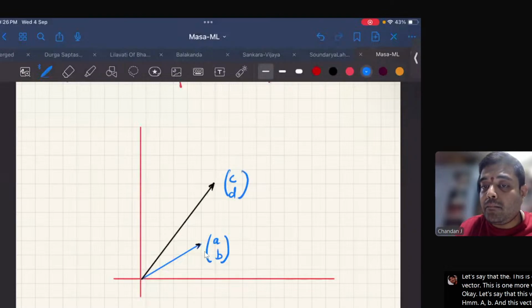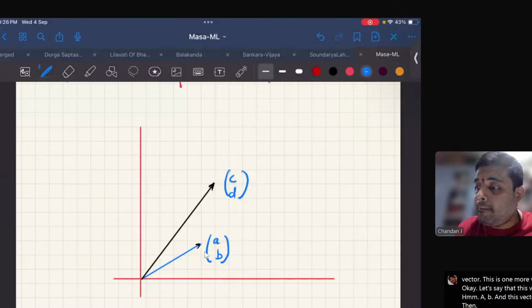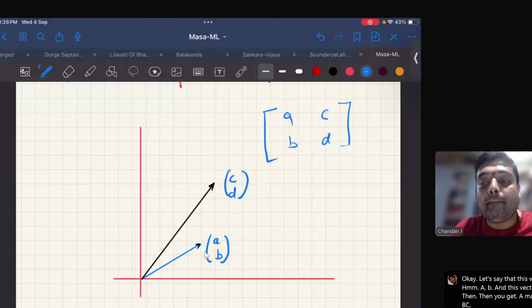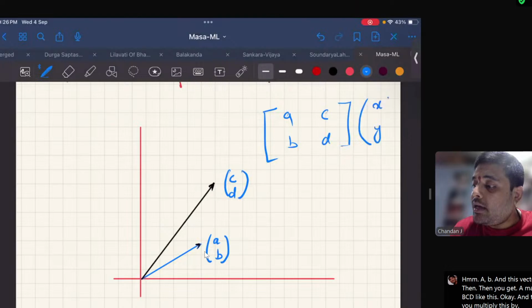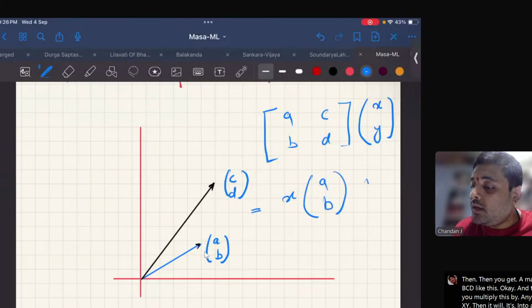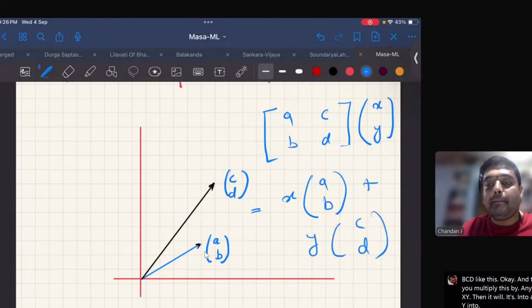Then you get a matrix ABCD like this. And if you multiply this by any vector xy, then it will be x into AB plus y into CD. This is what you get.